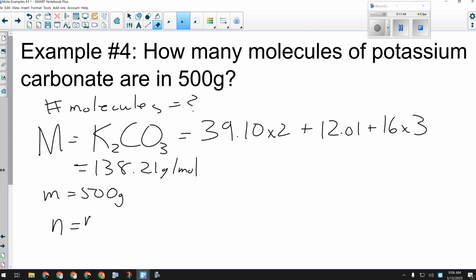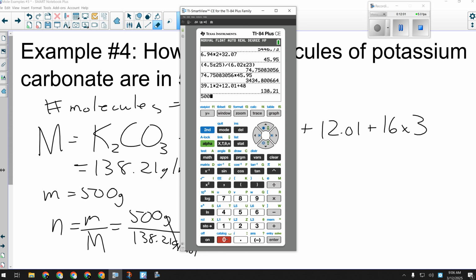So n is little m over big M. I have both of those numbers, so it's just a matter of plugging it in: 500 grams divided by 138.21 grams per mole.